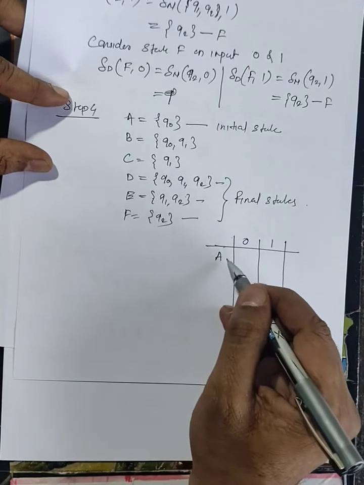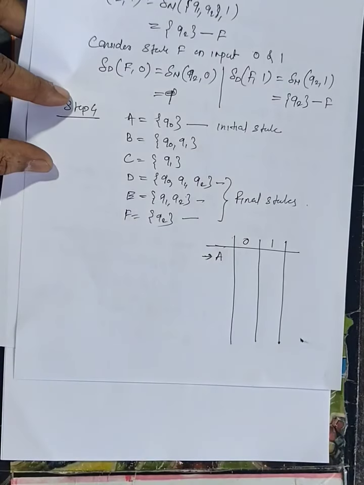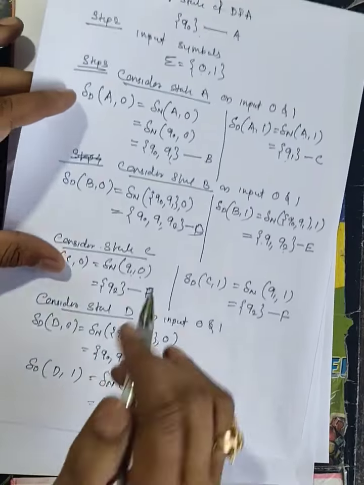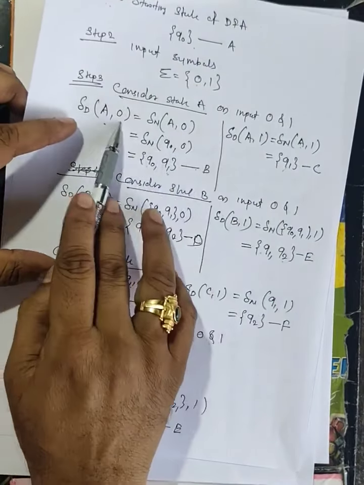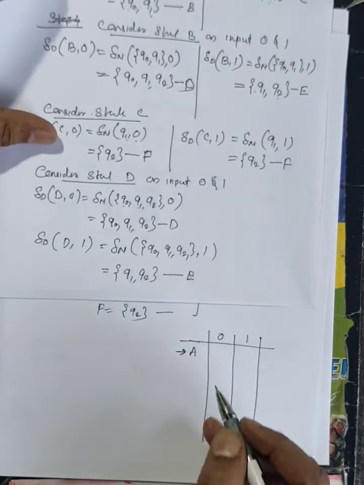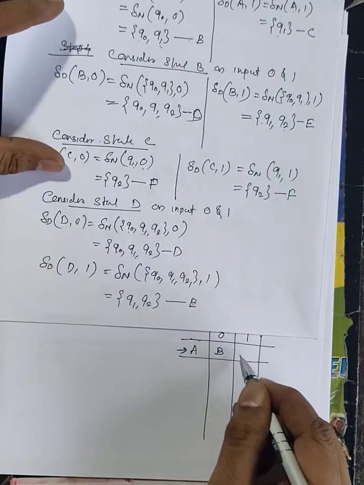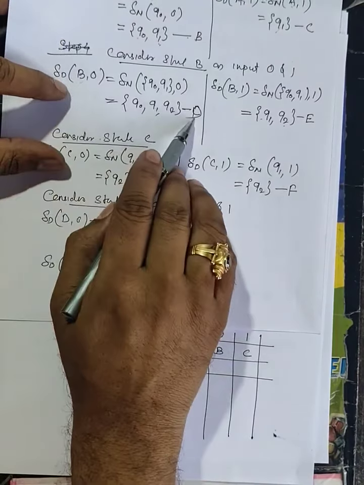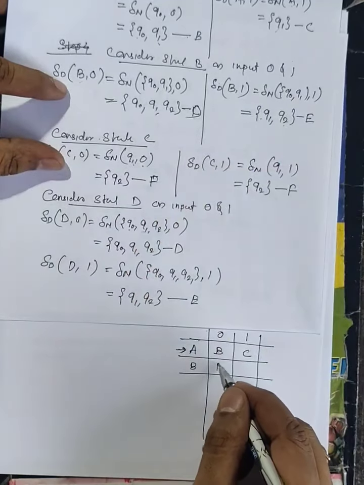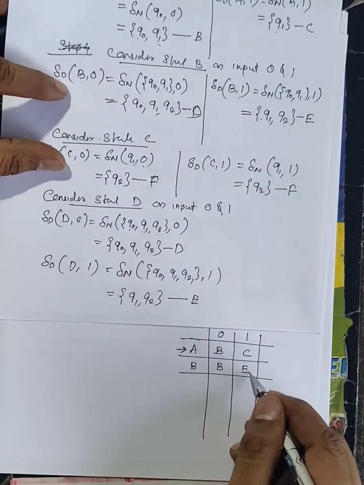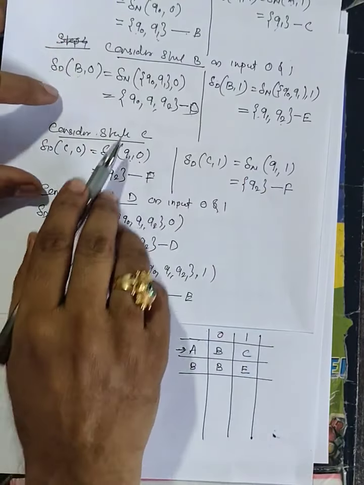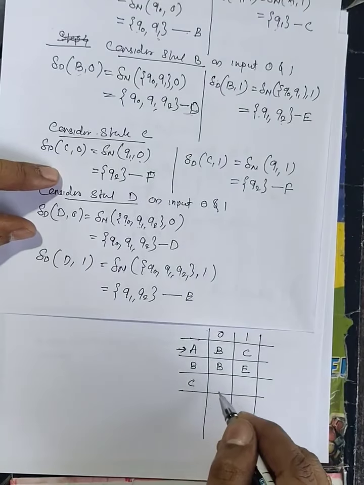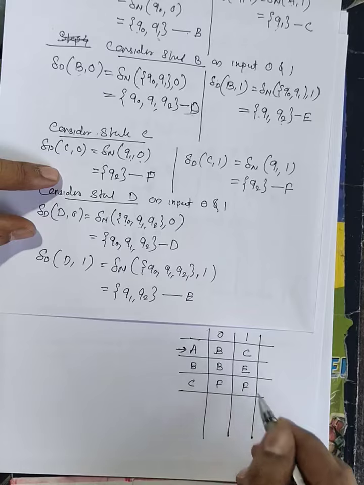The starting state is A. A on 0 gives B, A on 1 gives C. New state B: B on 0 gives D, B on 1 gives E. B is over, then C. C on 0 gives F, C on 1 gives F.